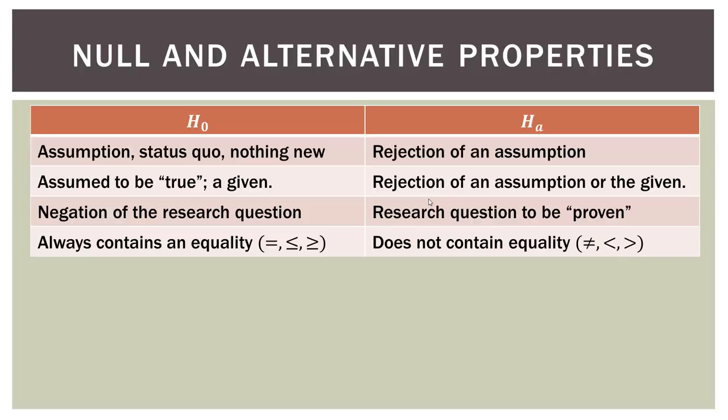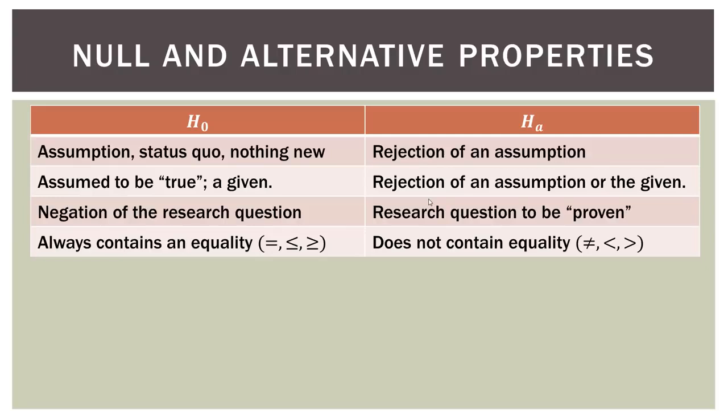The null can be assumed to be true, or it's a given. So we assume that the water bottle is correct. We assume that the miles per gallon on a car sticker is true. And then the alternative is the rejection of that assumption, or the rejection of that given.